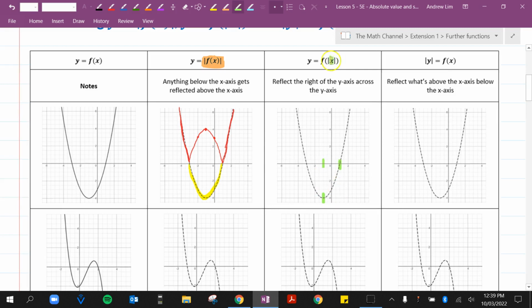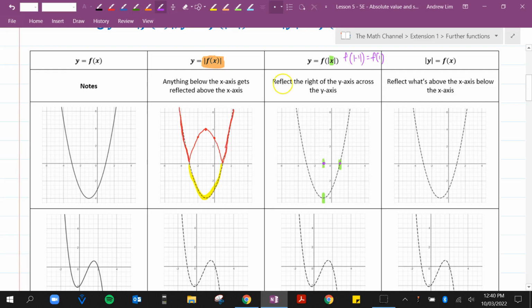What this is saying, however, is we don't want f of negative 1, we're going to take the absolute value of that. So f of the absolute value of negative 1 will technically be f of 1. Well, f of 1 over here is 0, so f of minus 1 is also going to be 0.